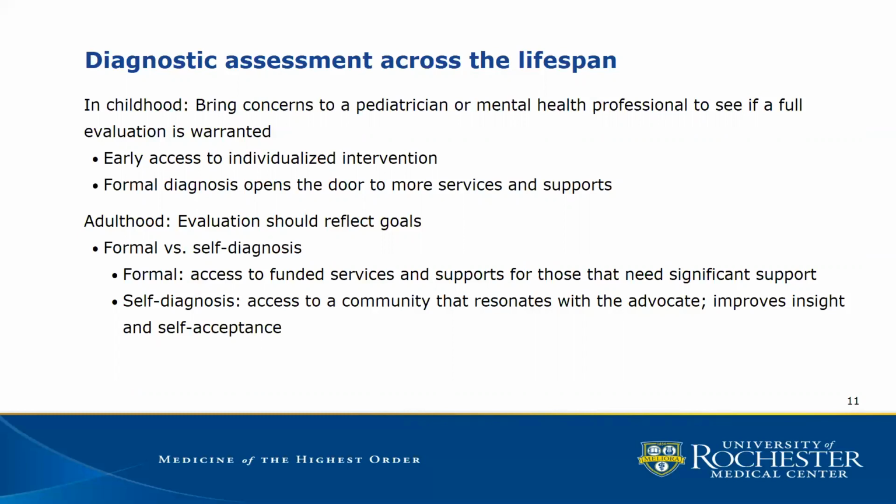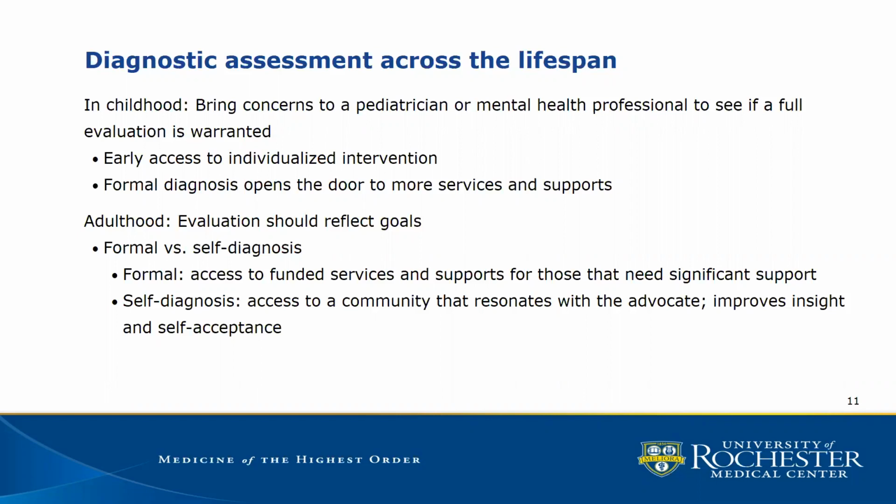When you're getting an evaluation done in adulthood, especially for people that have gone their whole life without an evaluation, a lot of times there's a cost-benefit analysis that needs to be done, whether you need a formal diagnosis or if a self-diagnosis of identifying as someone on the spectrum is sufficient.